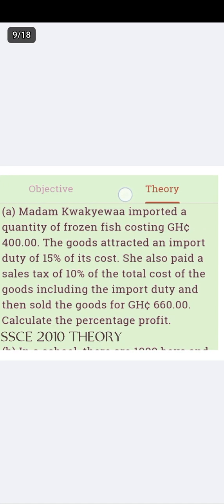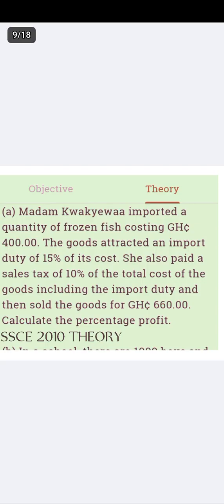Wow. Now, what we are required to do is to find the actual cost of the quantity of frozen fish.